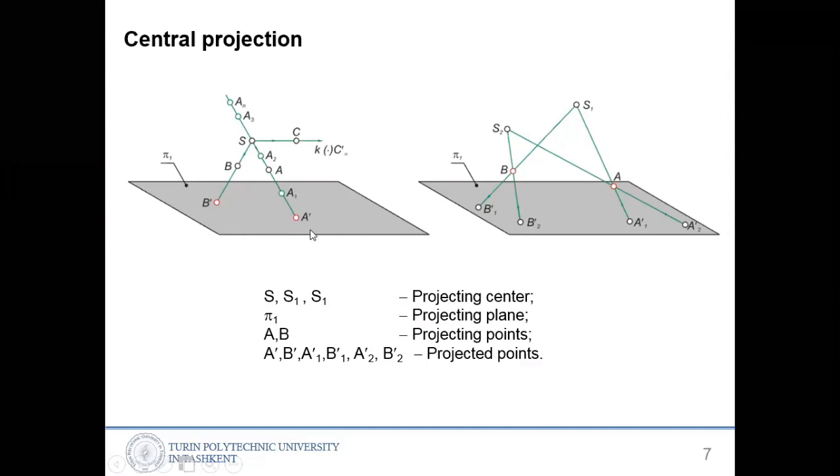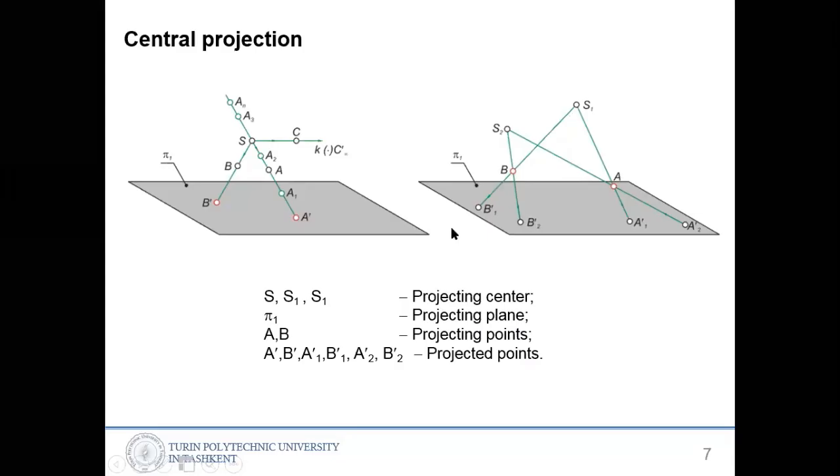So A dash and B dash are the projected points, and in space, B, A1, A2 are the projecting points, those without dash. The P planes are projecting planes, and the S points, the central points, are the projecting center, or just a center.